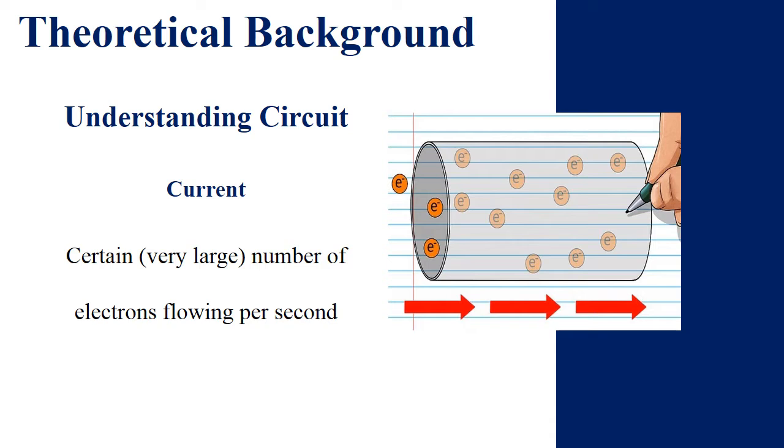Current is the rate at which charge flows by a point on a circuit. The current in the circuit can be determined if the quantity of charge Q that passes through a cross section of a wire in a time t can be measured. The current is simply the ratio of the quantity of charge and time.